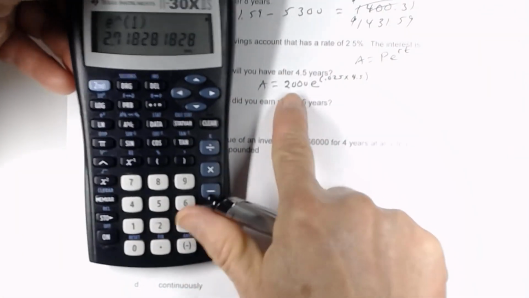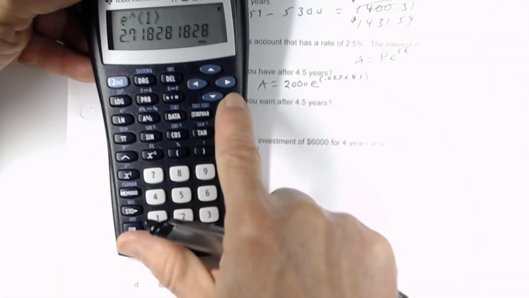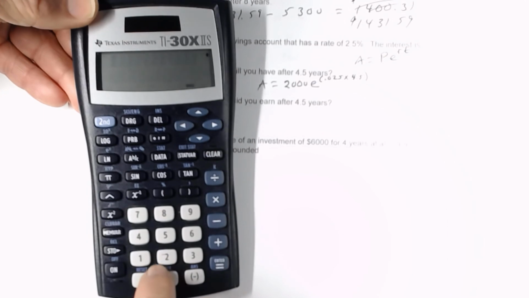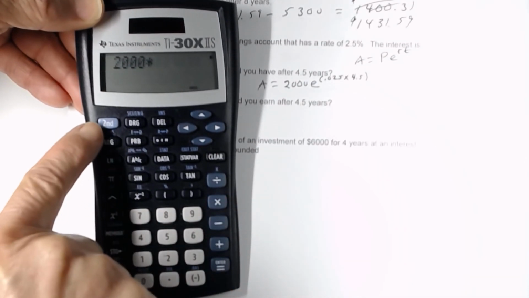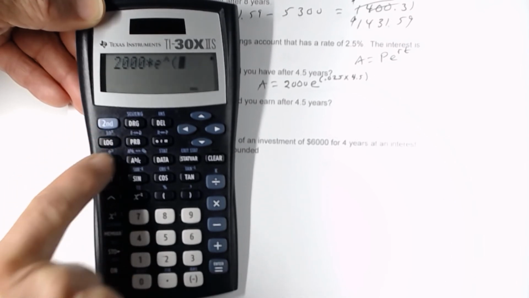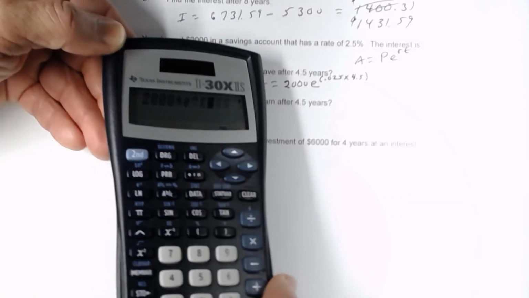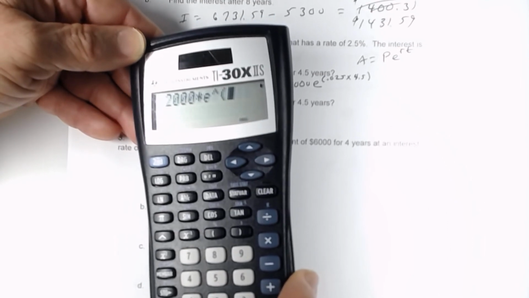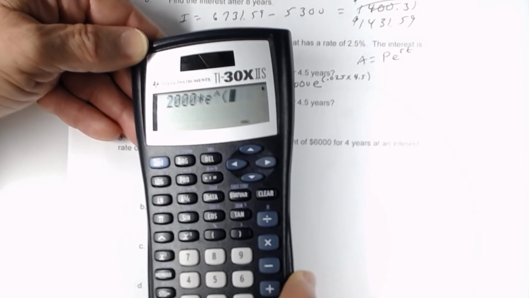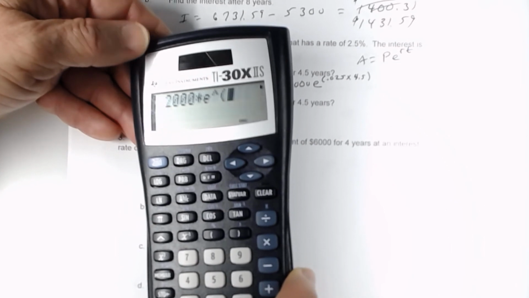So I put 2,000 in my calculator, times E. I'm going to press the second button and E just like this. So this is how it looks. 2,000 times E raised to, and then it automatically puts an open parentheses.